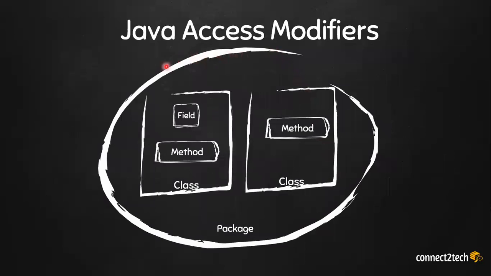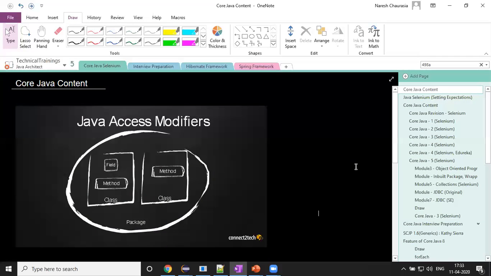So this is an outermost circle which denotes a package, and it has two classes, class one and class two, right? Now let me go to my drawing board to explain this better. Assume that this outermost circle is a package, and there is a class here and another class here.